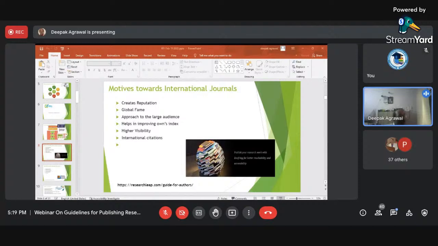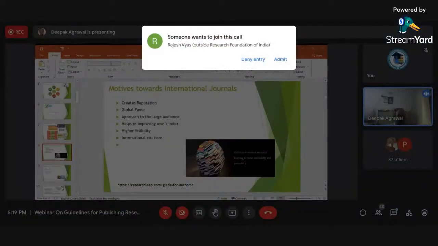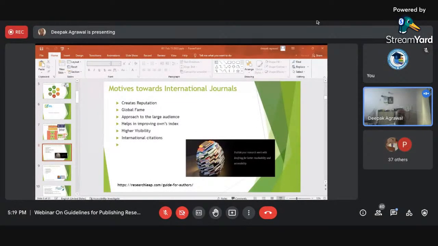Definitely, it provides a chance to approach a large audience throughout the world. It helps in improving our own index. Regarding the index, we will discuss in the later part of the slides. Your work is highly visible. Definitely, all comments and recommendations should be welcome, so that it provides more improvement to your work. And foremost and above all, it creates international citations.